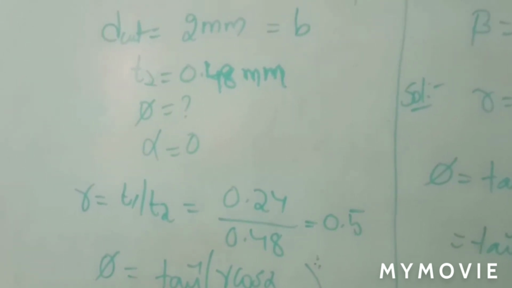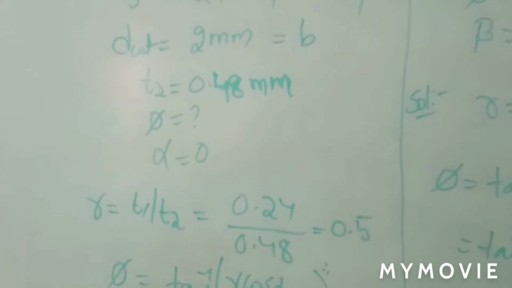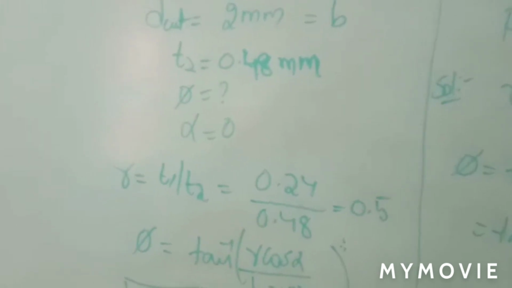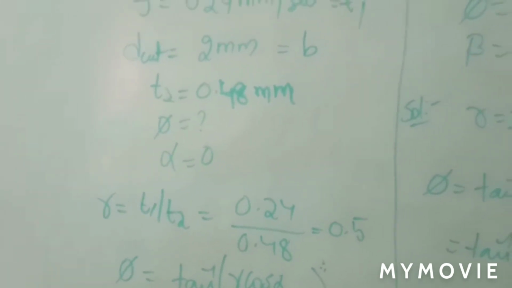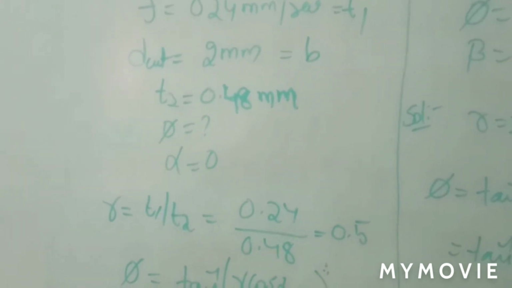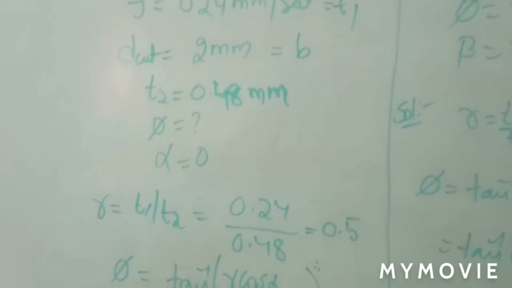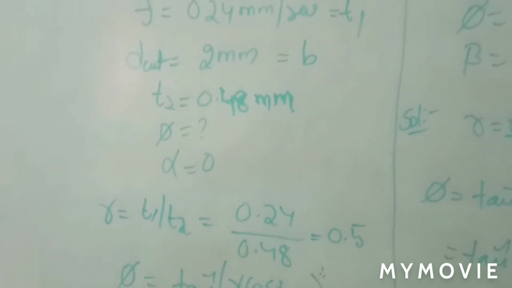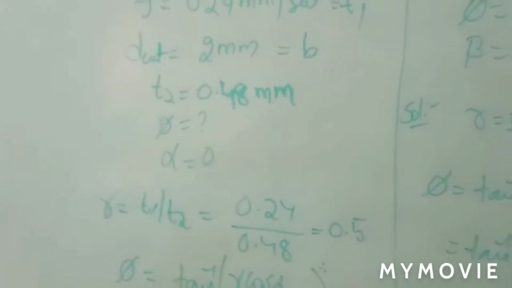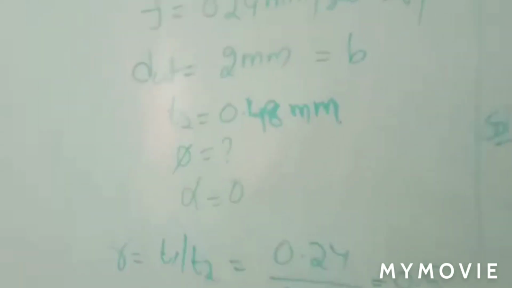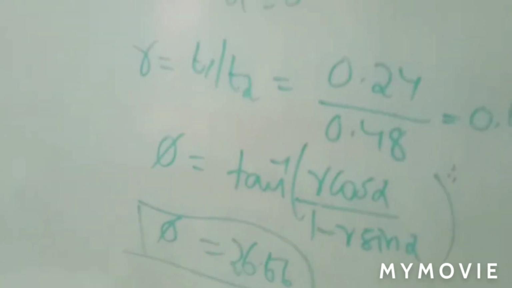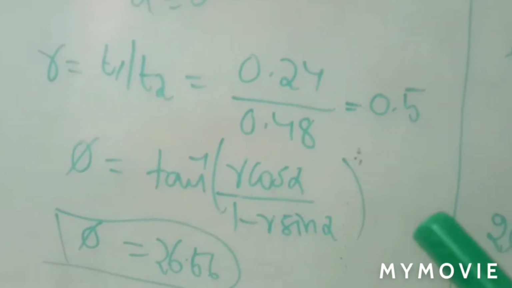Right. Now try to apply the basic relation, because you want to find the value of phi. In the earlier class also, whenever you were required to find the shear angle, we had one relation: phi equal to tan inverse of r cos alpha by 1 minus r sin alpha.